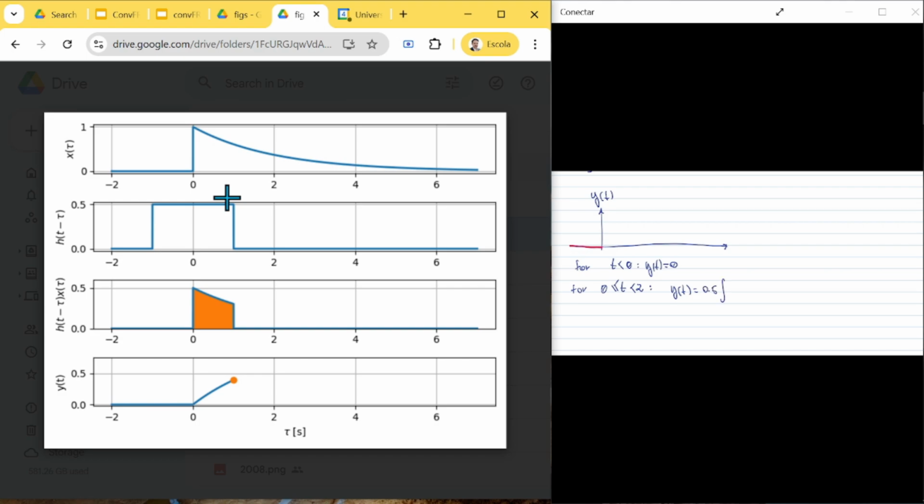0.5, the integral from 0 to t of x of tau d tau. So 0.5, 0 to t, x of tau is e to the minus 0.5, here we put tau, u of tau d tau.